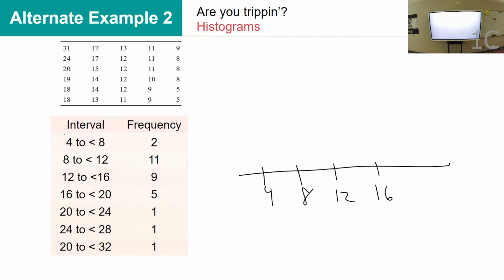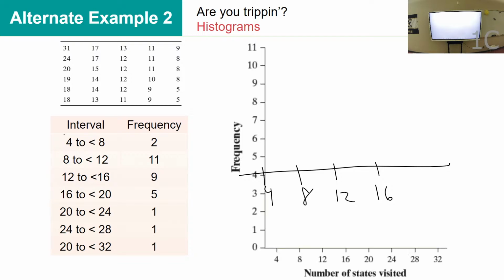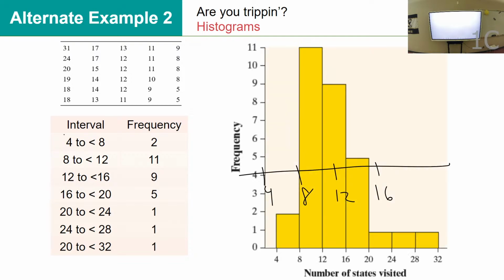Is 8 included in the first bar or the second bar? Well, if it's included in the first bar, then the 12 is included in the first bar, and the 16 is included in the first bar. If it's included in the second, then the 12 is included in the second, and the 16 is included in the second. And they're both okay. It doesn't matter. Sometimes you don't know. And then you're just going to put little bars up. Click. I got my name right in the middle of it.